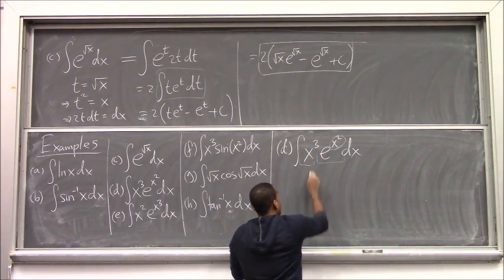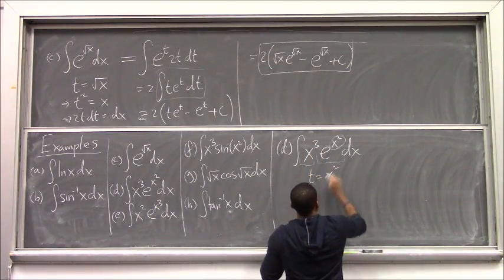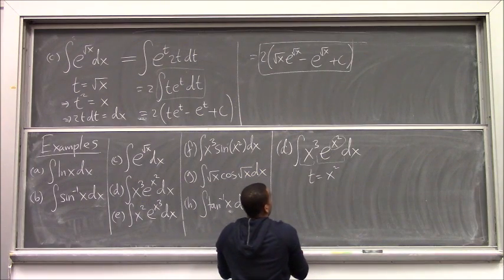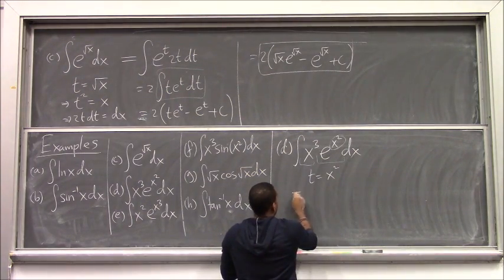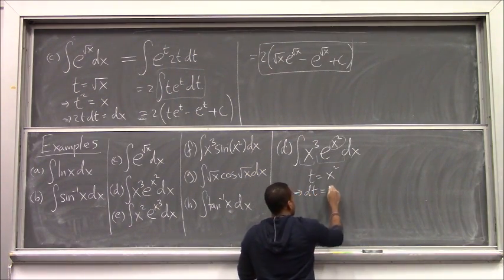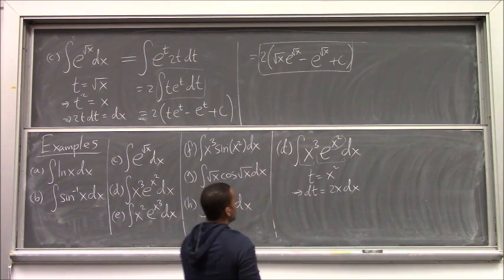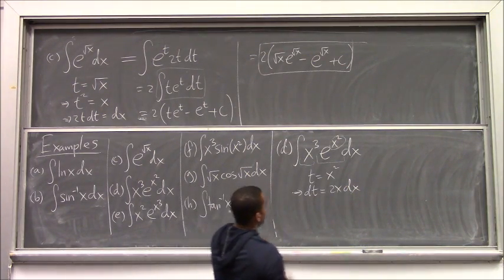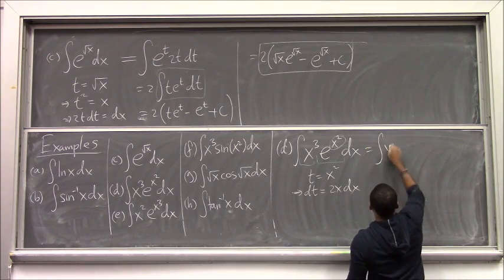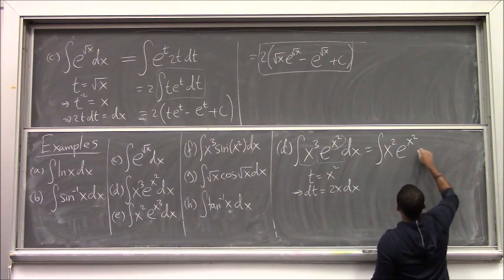So I'm going to do that. t equals x squared. So now, differentiate both sides. This is dt is equal to 2x dx. What you will notice is that my x cubed, well, I can actually write that as an x squared times an x.